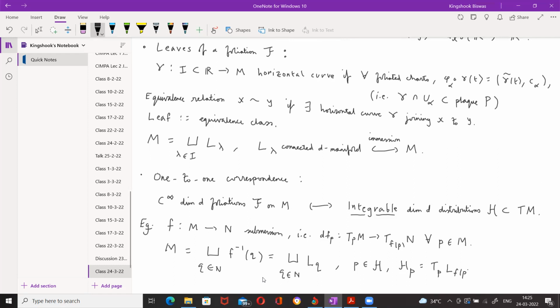So that's f inverse of f(p). And the tangent space to the fiber is the kernel of df, right? So this is just the kernel of df at p. Okay. Is this example clear? All right. So this is a simple example of a foliation and the corresponding integrable distribution. So any submersion gives an example.